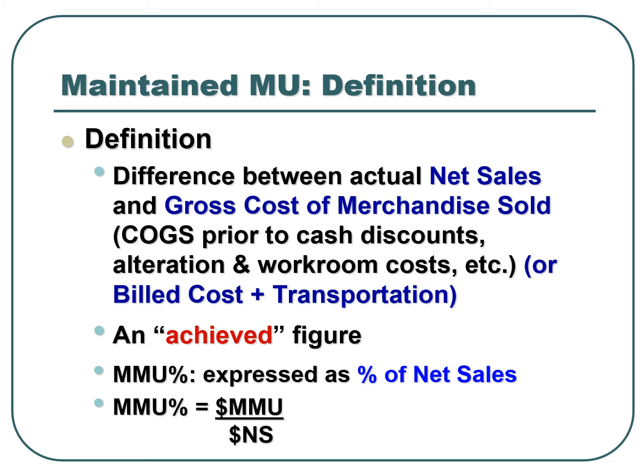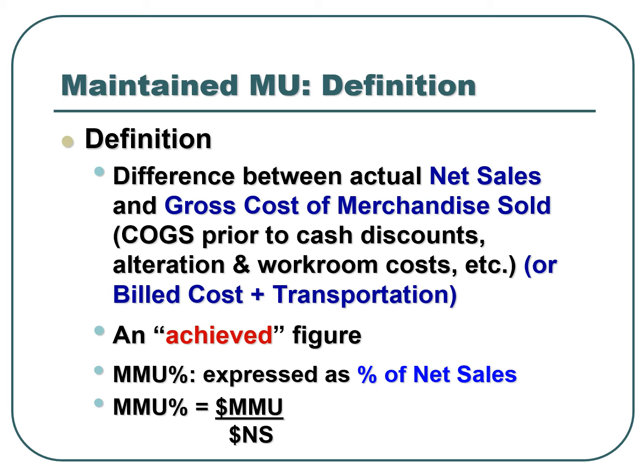So basically all the costs of all the merchandise that you sell, but we do not think about the cash discounts and alteration and workroom cost yet. This gross cost is essentially the same as the build cost of all the merchandise that you sold, plus if you had to pay any transportation, that will be part of the cost.